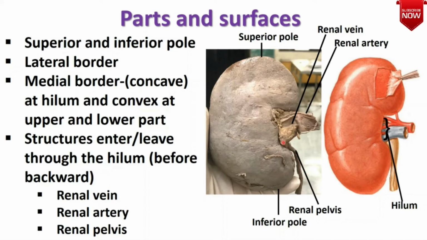So you can appreciate three structures: most anterior renal vein, then artery, and then renal pelvis. You can also compare this diagram with this diagram. The most anterior over here is the renal vein, then renal artery, and most posterior is the renal pelvis.